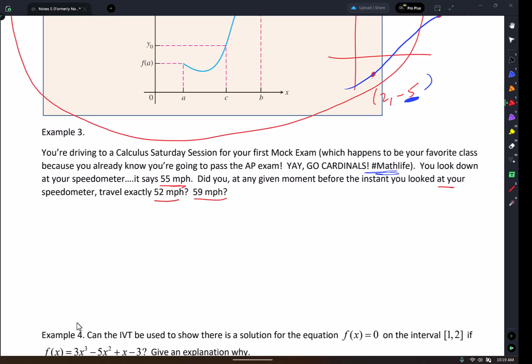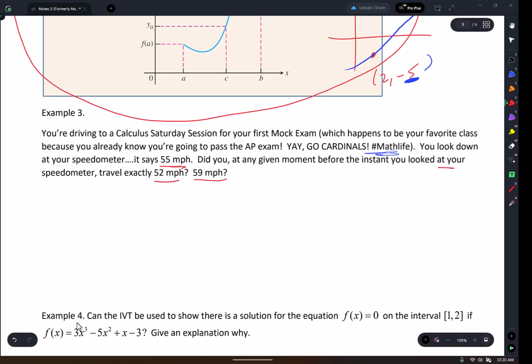No, but in math terms, by the Intermediate Value Theorem, my initial time was 0. And at that moment that I saw my speedometer, it was 55. So by the Intermediate Value Theorem, I have to have hit every value between 0 and 55. You literally just say my initial velocity is 0.